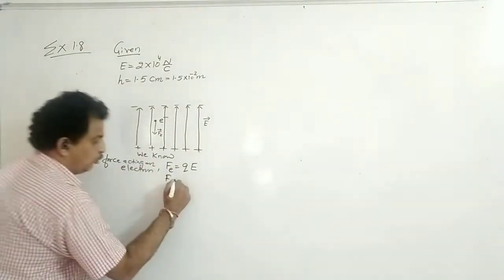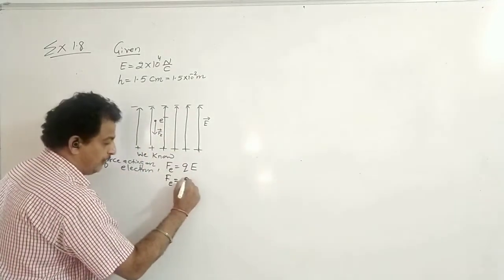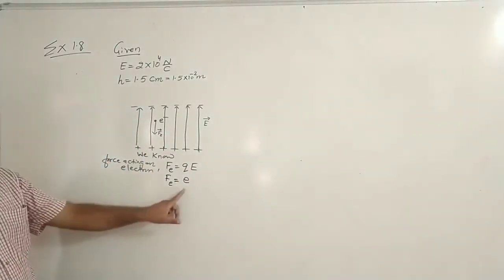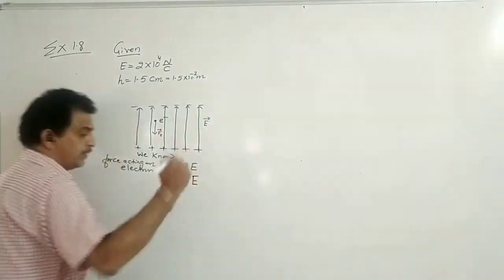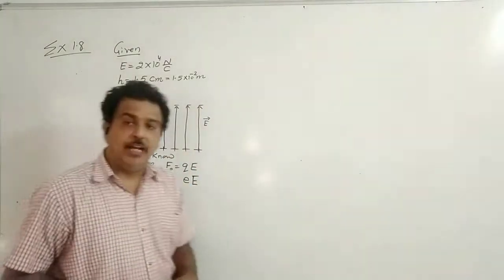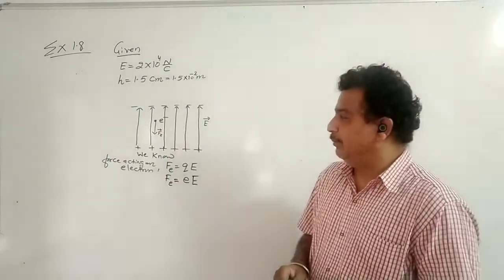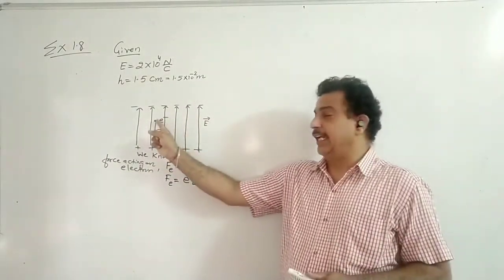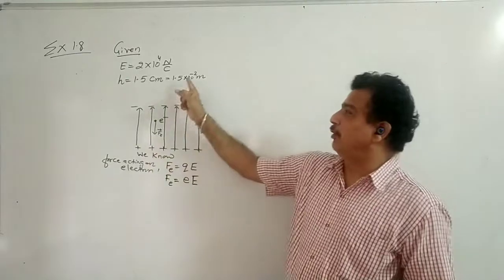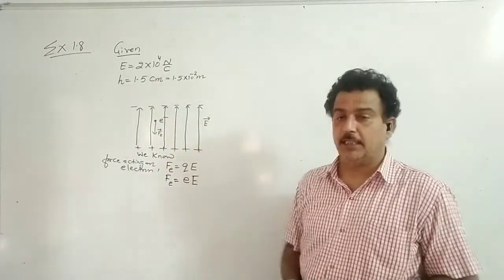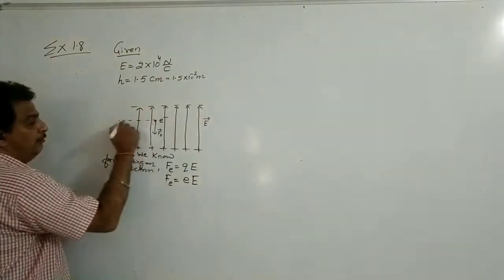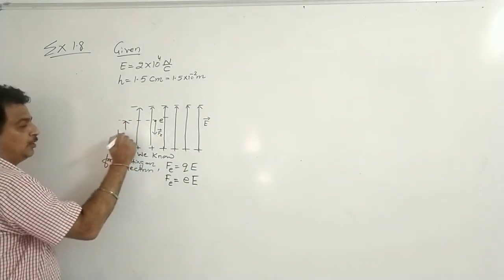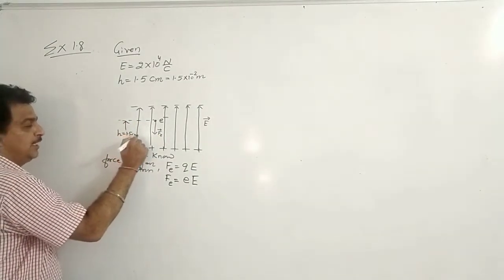So Fe is equal to, now the charge on one electron is a fundamental electric charge which is denoted by e. So Fe is equal to eE. The question is, find out how much time an electron will take to fall from a height of 1.5 centimeter. So the electron is falling from a height of 1.5 centimeter. So h is equal to 1.5 centimeter.